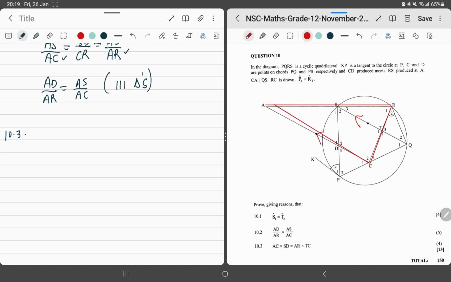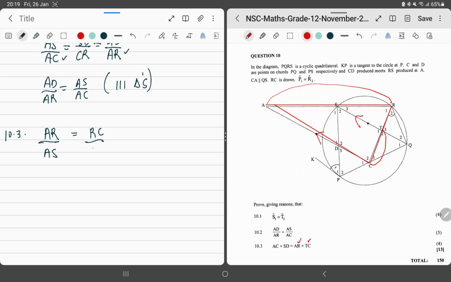This line is parallel to that one, so I can use the proportionality theorem. There I have an AR and then a TC. AR goes with RC, and then TC goes with AS.